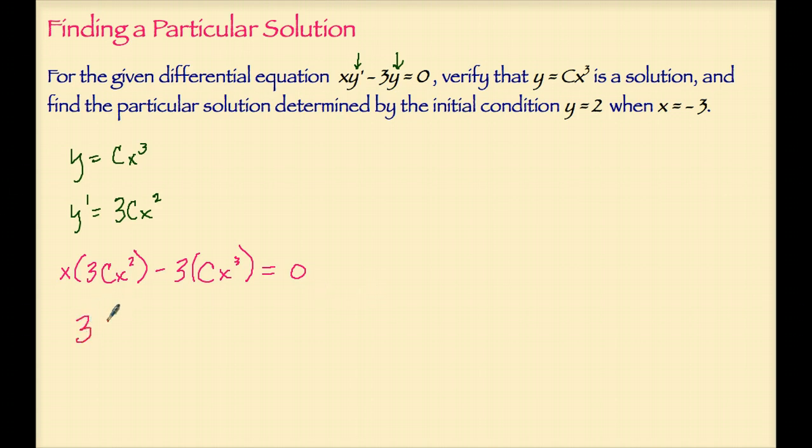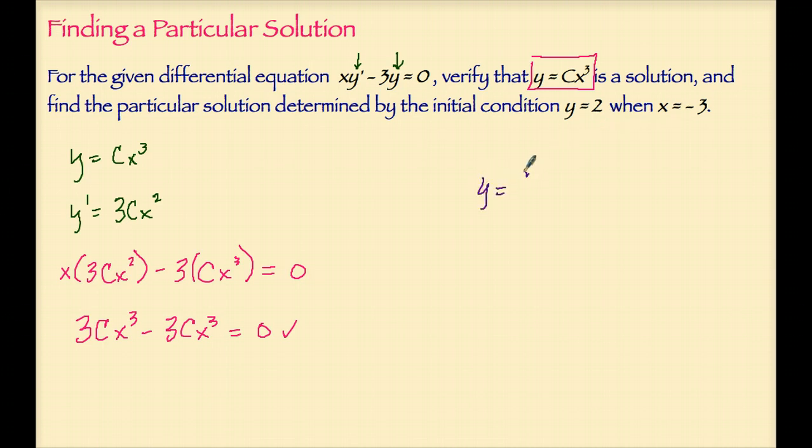When we simplify, we see that we have 3cx cubed minus 3cx cubed equals 0, a true statement. Therefore, we have verified that y equals cx cubed is a solution of the differential equation xy prime minus 3y equals 0. But this is a general solution and it would generate a family of solution curves. So now we're going to find a particular solution determined by this initial condition when y equals 2, x equals -3.